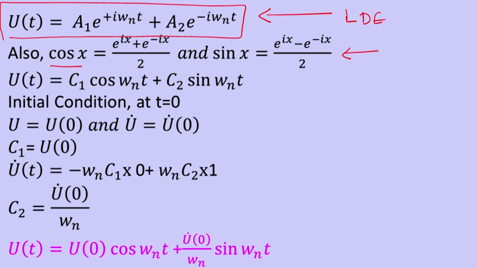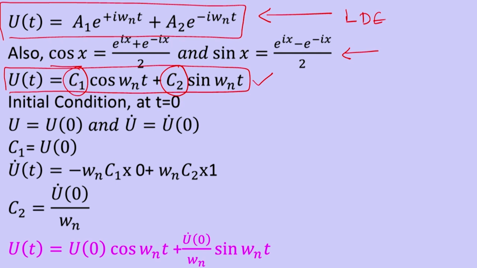So this cos x and sin x along with the exponential terms can be rearranged, and this solution can be written in the form of c1 cos omega n t plus c2 sin omega n t. In this equation we have two constants c1 and c2. We need to evaluate these constants for getting a complete solution.